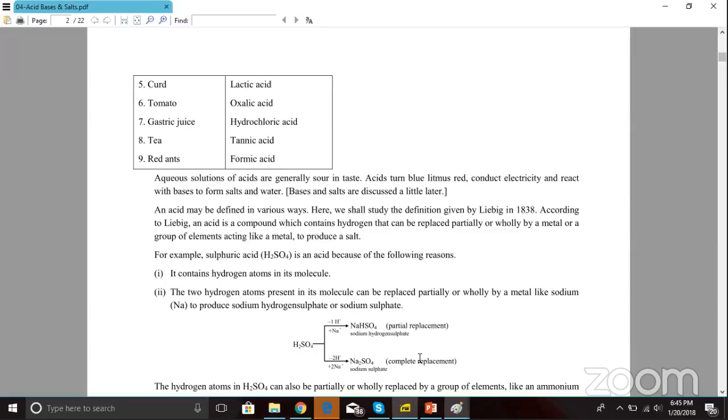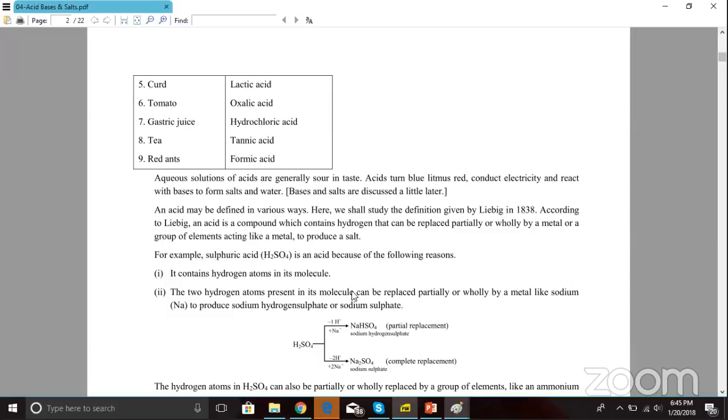Some acids give complete H+ ions, some acids give only partially, and it also varies depending upon the reactions.